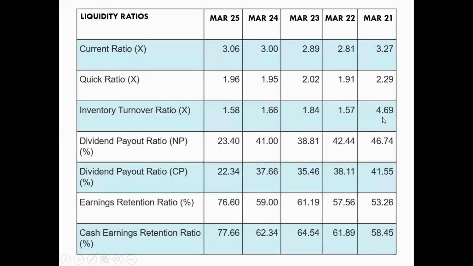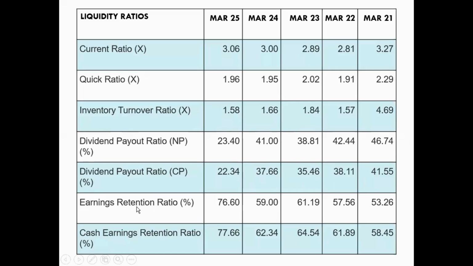Dividend payout ratio is 23.40, 41, 38.81, 42.44, 46.74. Dividend payout ratios are 22.34, 37.66, 35.46, 38.11, and 41.55.